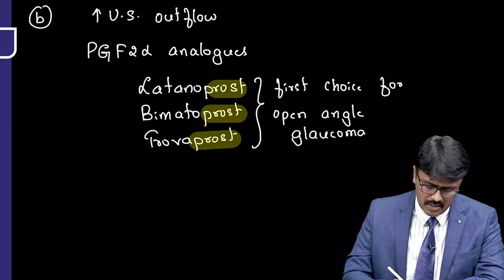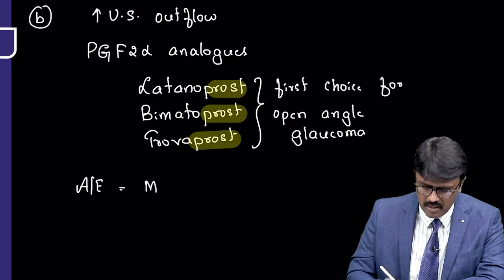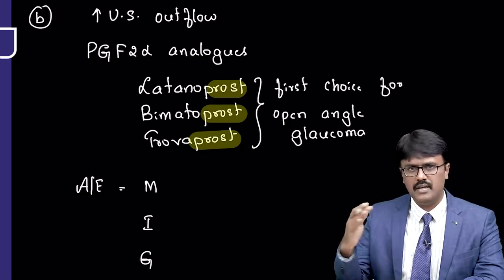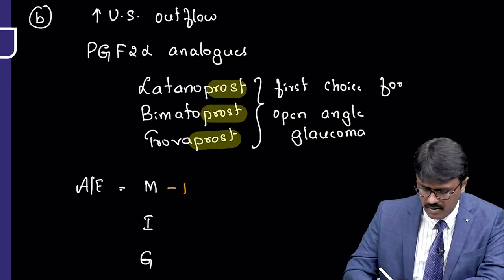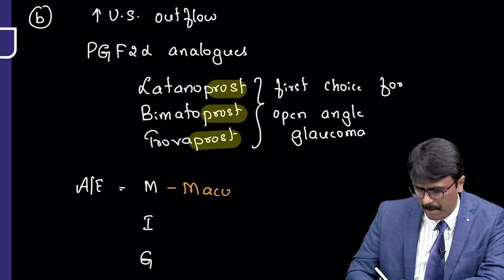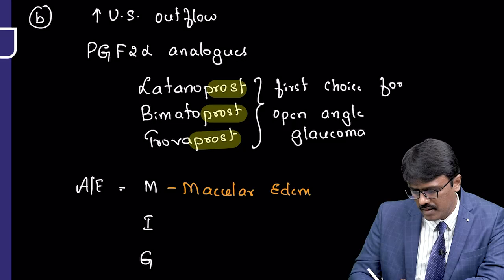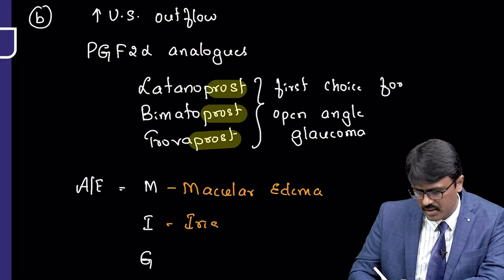That's the reason they ask you the adverse effects of these drugs. You can remember the adverse effects by the mnemonic MIG. You know MIG, the fighter jet. So M for macular edema. I for iris pigmentation. The iris will become pigmented.